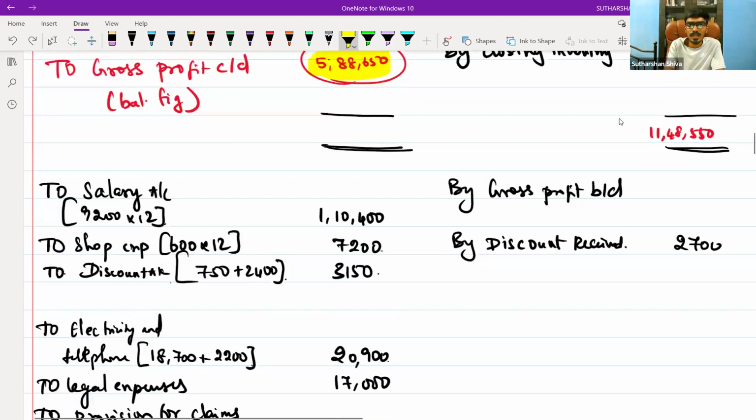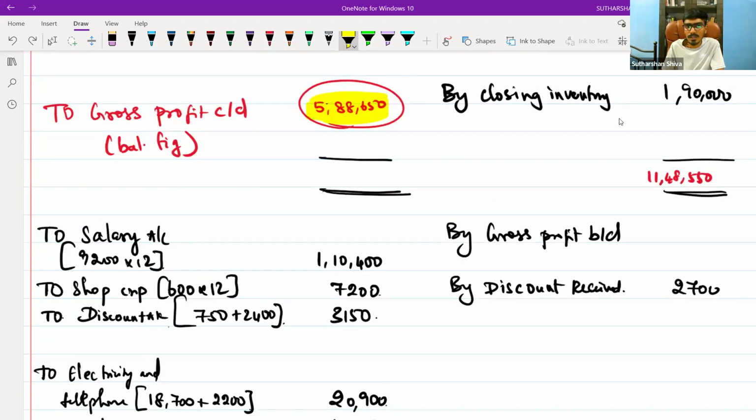Next, I need to post the values here. What is the value over here? It is 5 lakh.